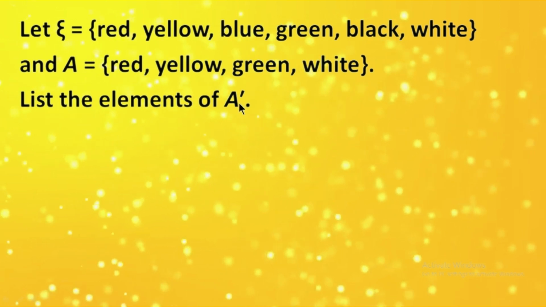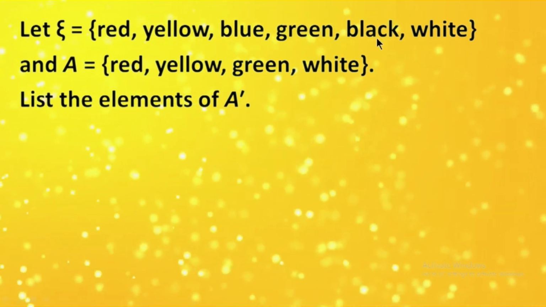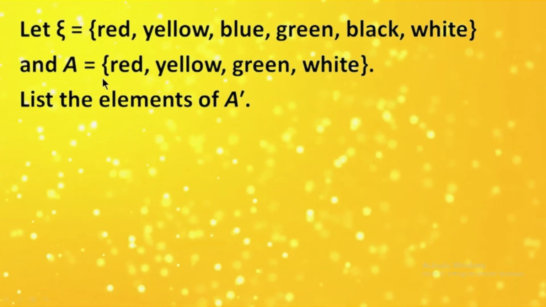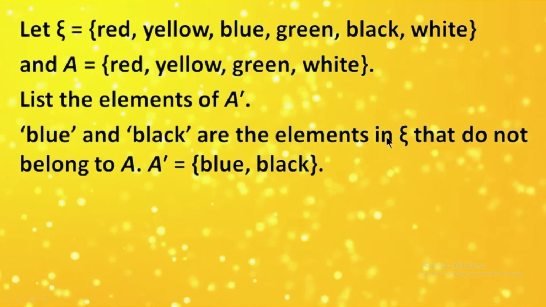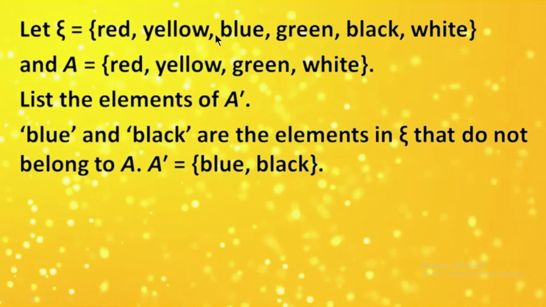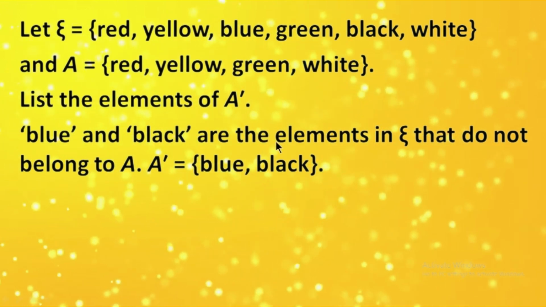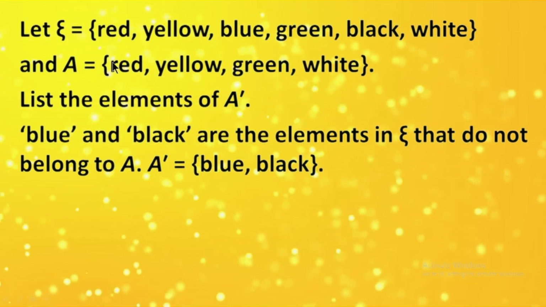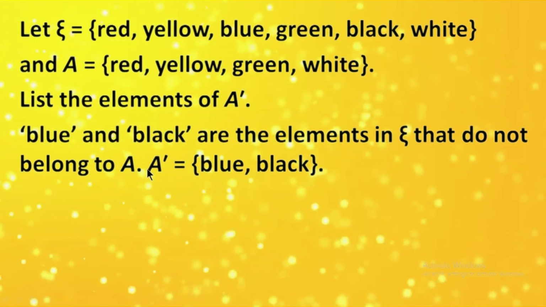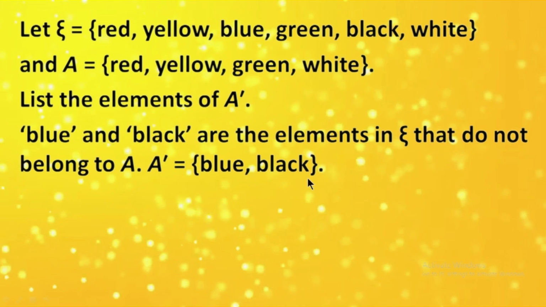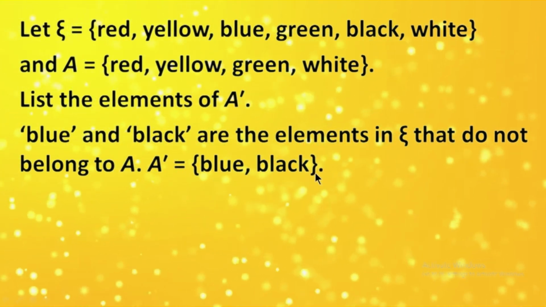The elements of A complement are the elements that belong to the universal set but do not belong to set A. Blue and black are the elements of the universal set, as you can see here, blue and black, that do not belong to A. They are not in A. So, the elements of A complement are blue and black. That's how you find the elements of the complement of set A.